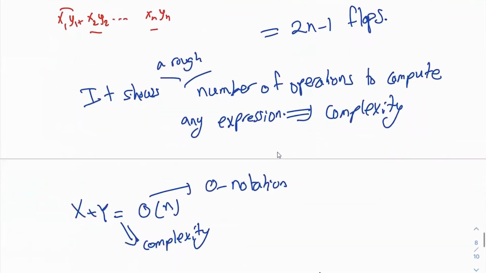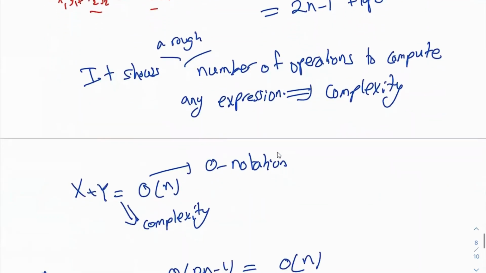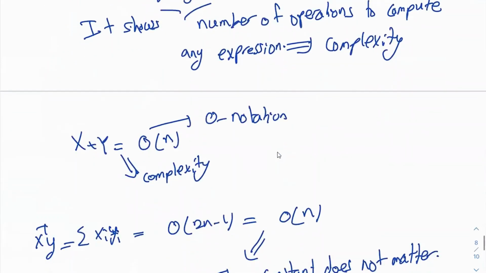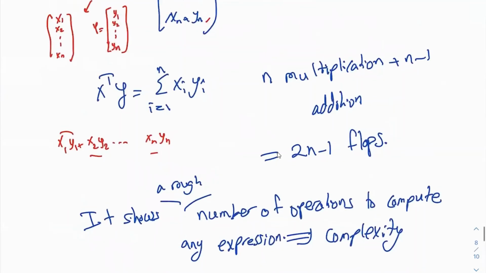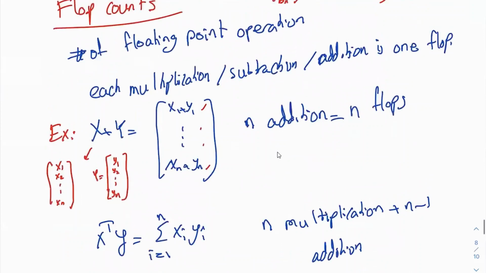For example, n squared, n cubed, log n, right? In that case, we can get rid of the constants. It doesn't really matter: when n gets large, the 2 or 3 do not really matter. So x plus y is of the order of n. We have exactly n flops, which is the order of n.